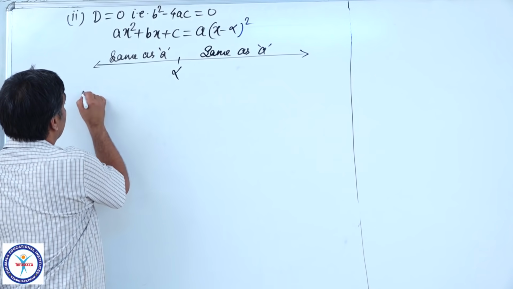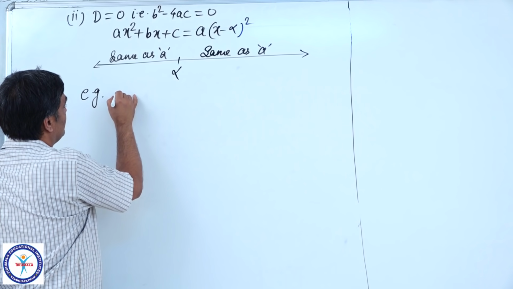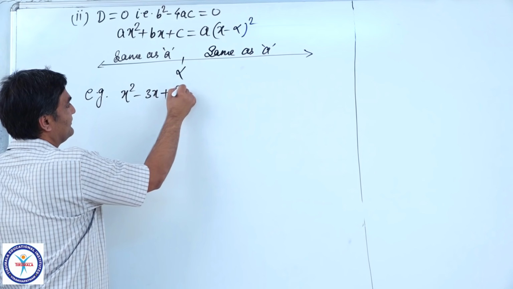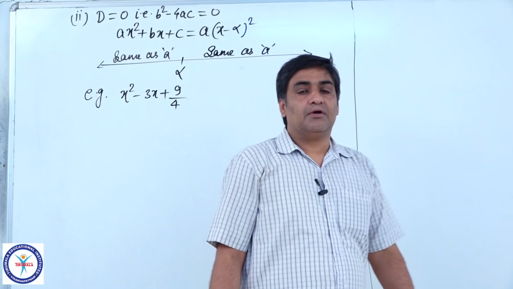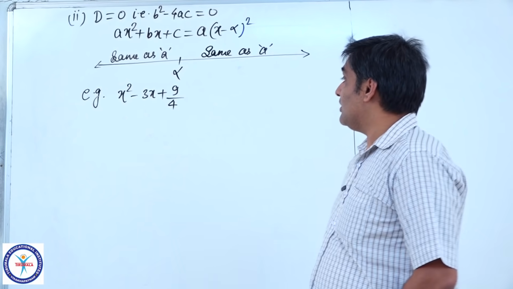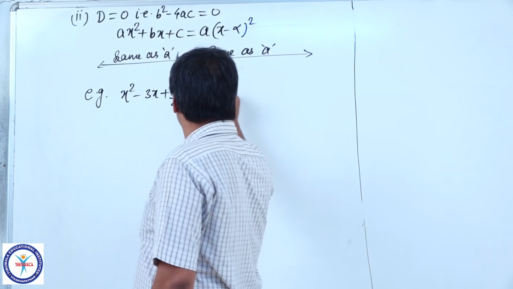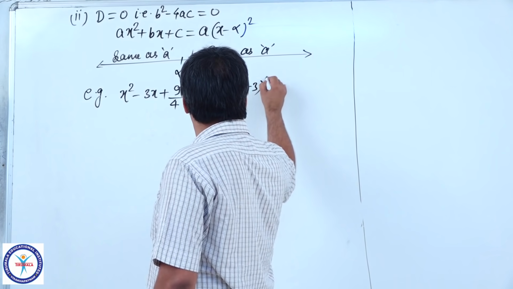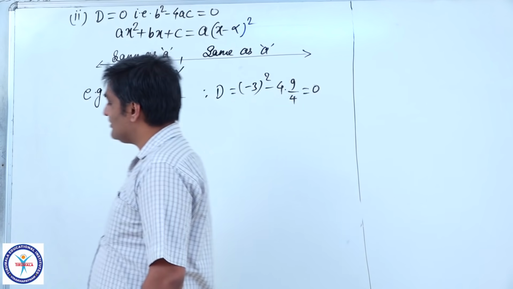Okay. For example, let's take it as x square minus 3x plus 9 by 4. Okay. Discriminant is minus 3 square minus 4 into 9 by 4, which is 0.